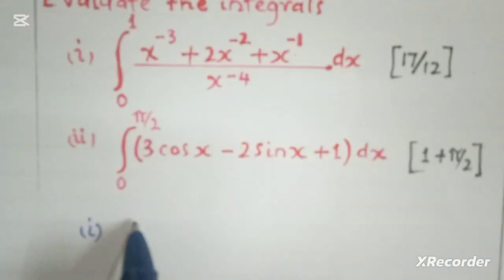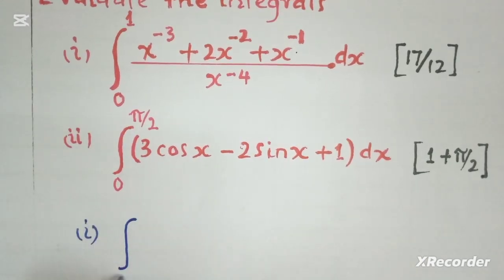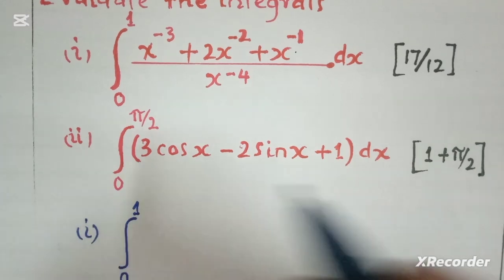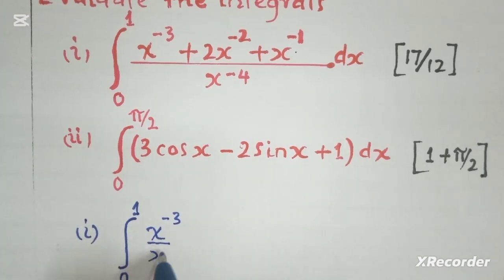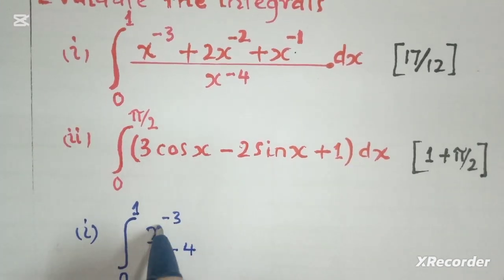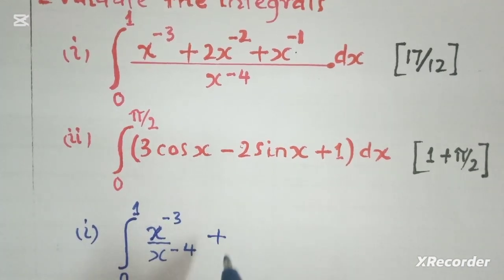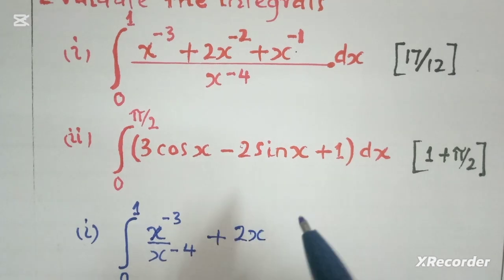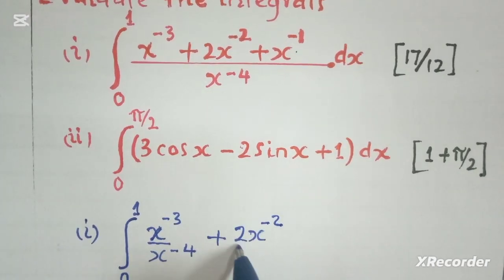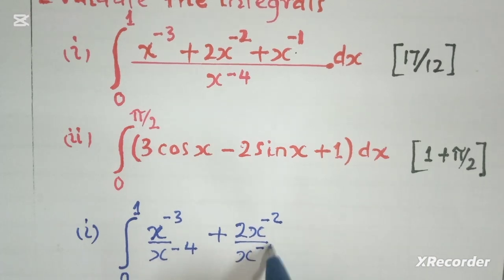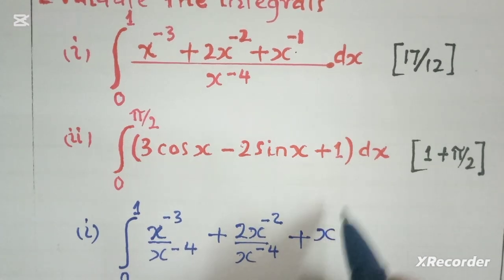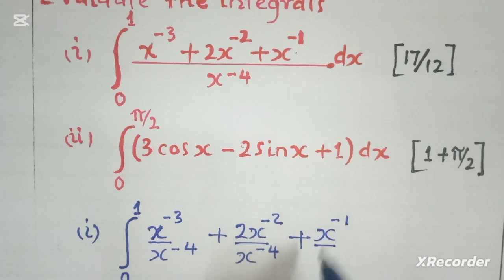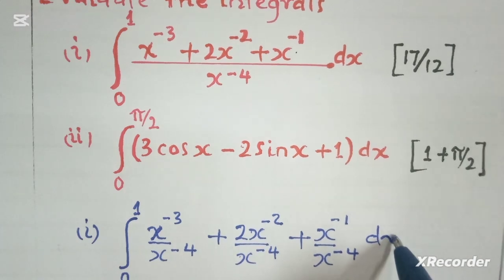So that we shall have something like this: integral from 0 to 1, then x raised to negative 3 all over x raised to negative 4, plus 2x raised to negative 2 all over x raised to negative 4, plus x raised to negative 1 all over x raised to negative 4. And the integral is there, that is dx is there.